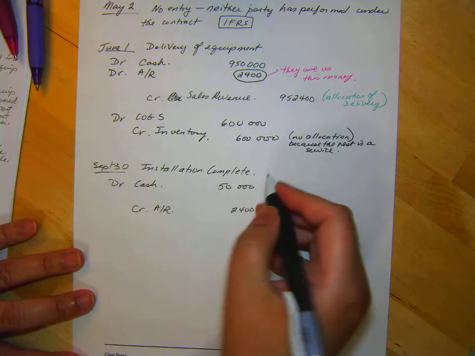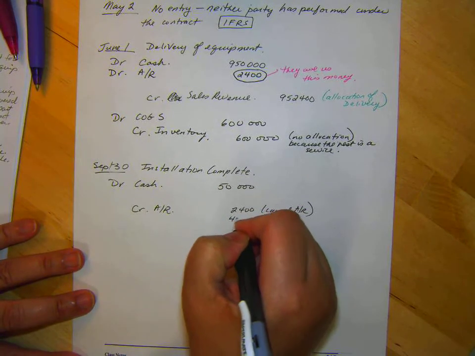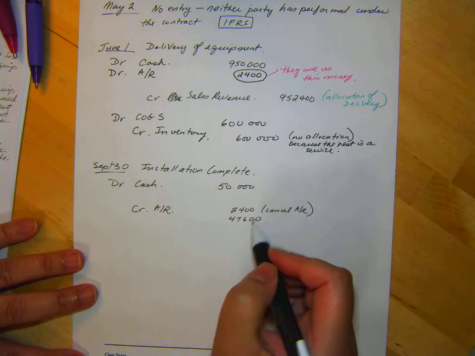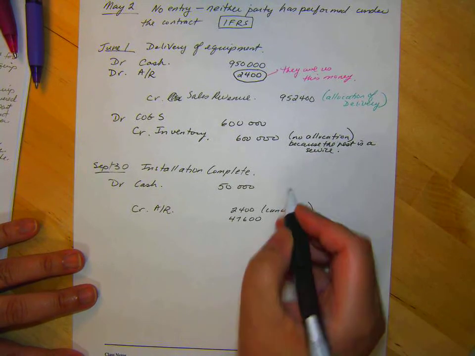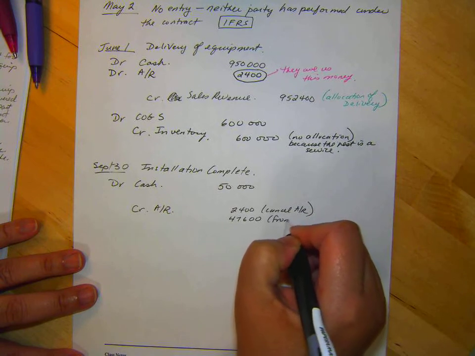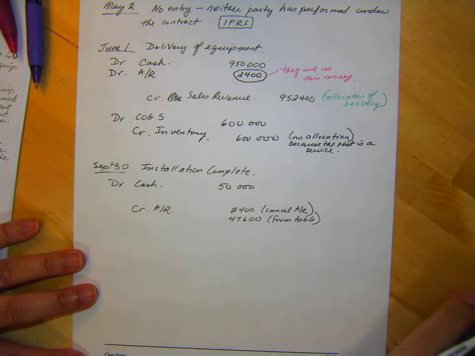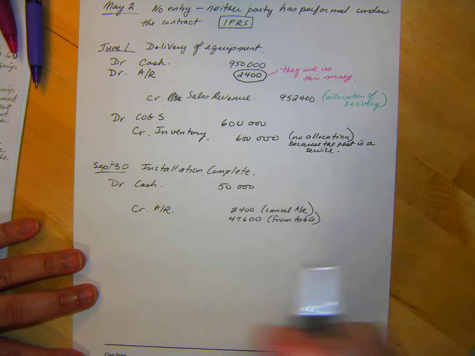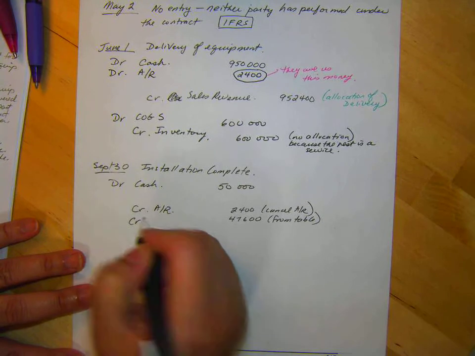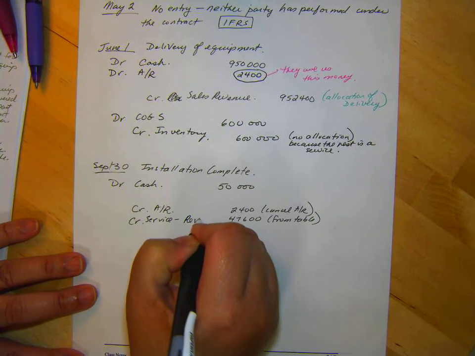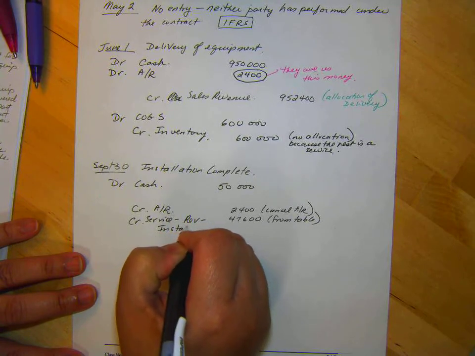No, it's a credit. 47,600, sorry about that. And what should we call that? And again, that's from the table. Well, what have we just earned? Our installation revenue. So we're going to credit service revenue, installation.